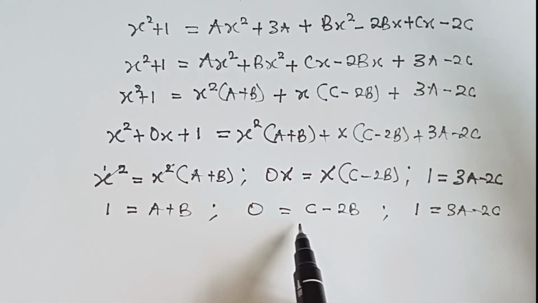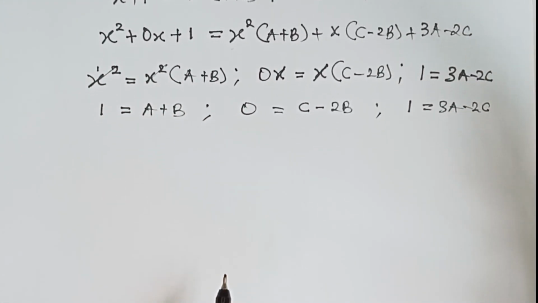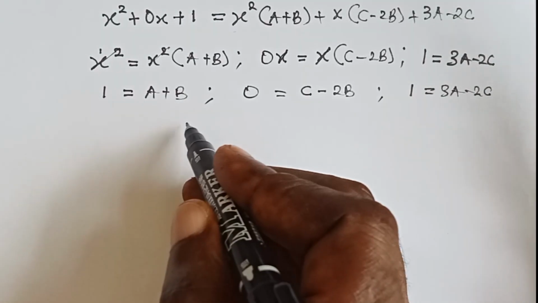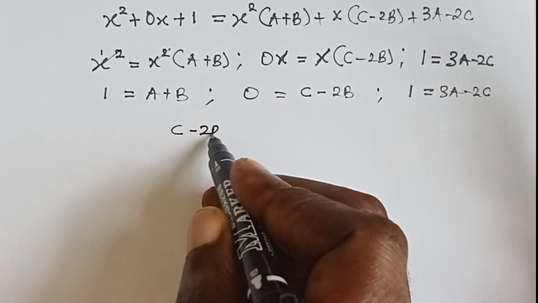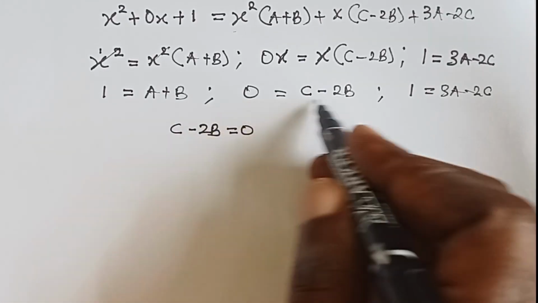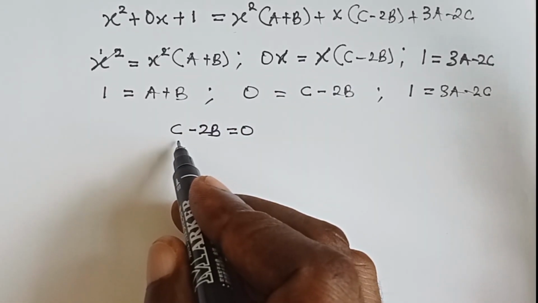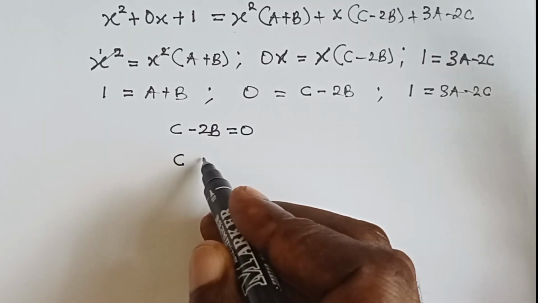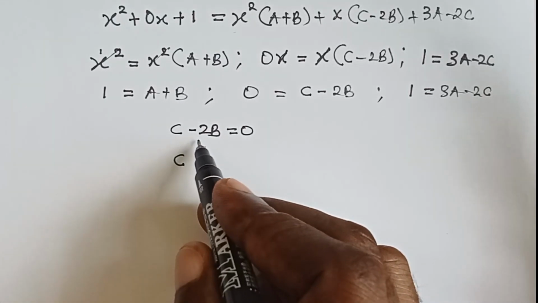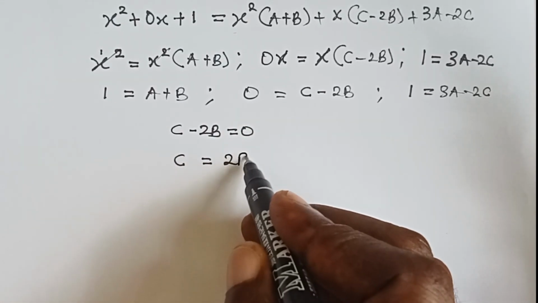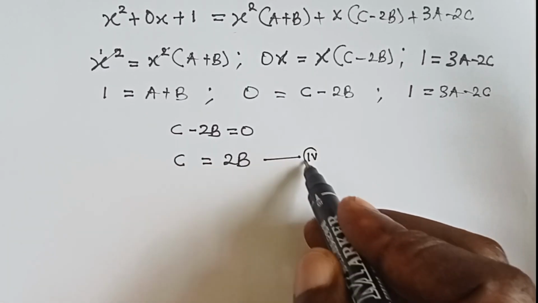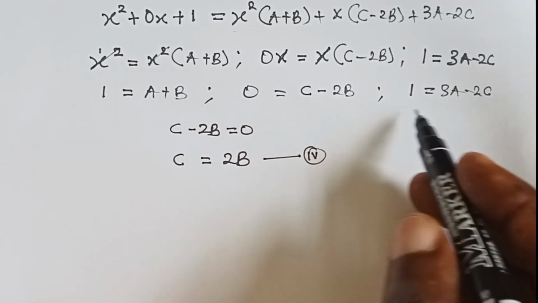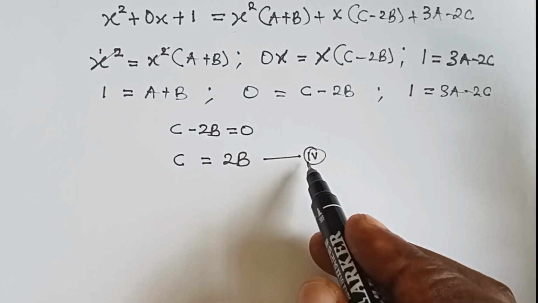Now from equation 2, which is c minus 2b equals 0, let's make c the subject of the formula. What is c? c is equal to, if you bring minus 2b to that side, it becomes plus 2b. Right, so we can call this equation 4.